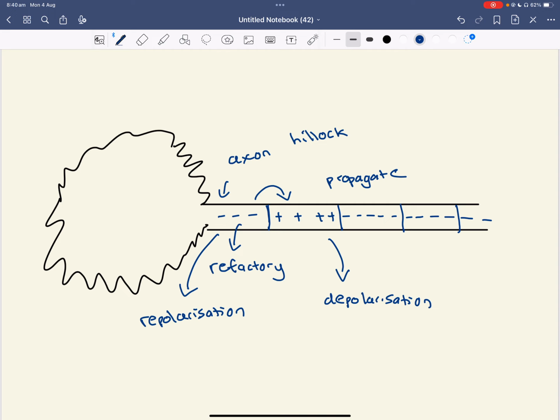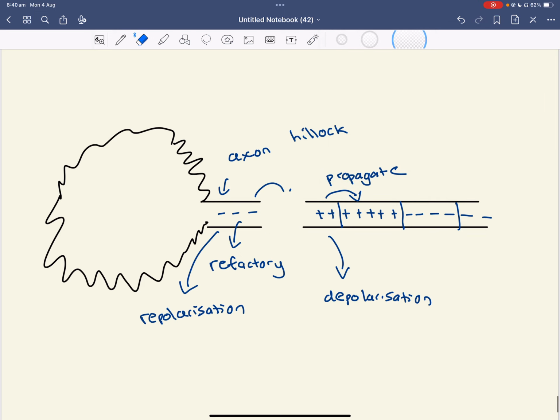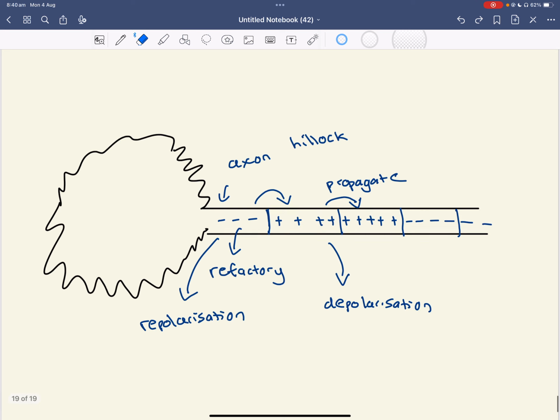The next one will cause depolarization in the next area, and this area will then also enter the refractory period, being repolarized as it tries to get back to the negative membrane potential.